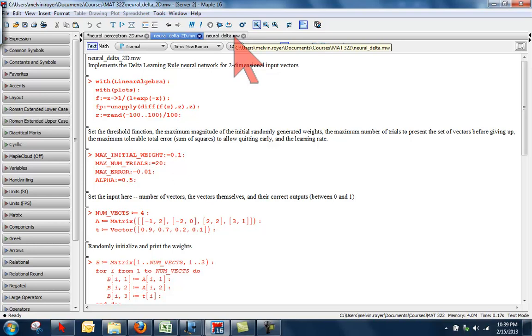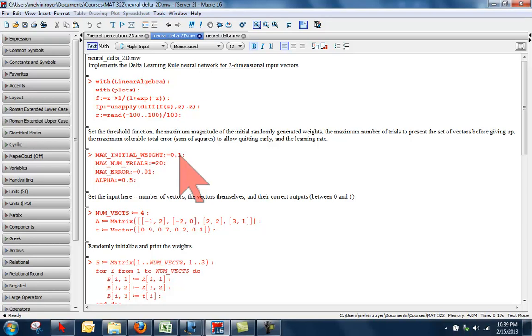Okay, here's the version that does show graphs. Up here in the first block, you should never need to change anything there. Here is where you get the opportunity to set the initial randomly chosen weights. 0.1 is usually okay for that.